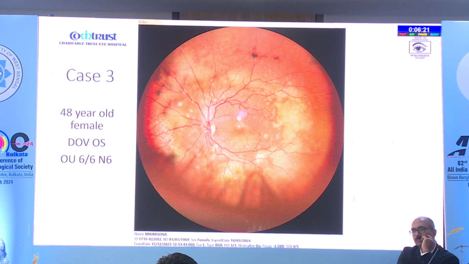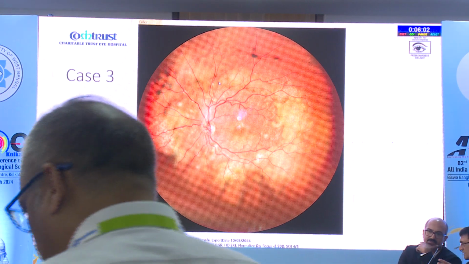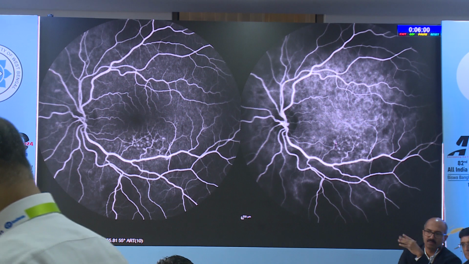Case 3 was an interesting case, a 48-year-old female who came to us with some visual disturbance in her left eye, but vision is 6/6. The wide angle fundus photo shows some kind of elevation in a circumferential pattern along the equatorial area. You can see that lesion very clearly. This is the other eye, which is perfectly normal.